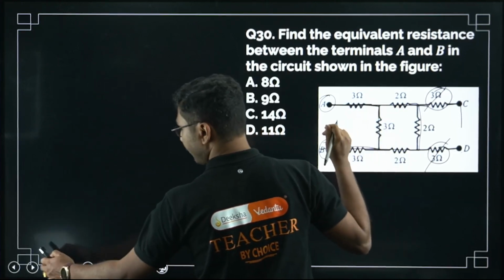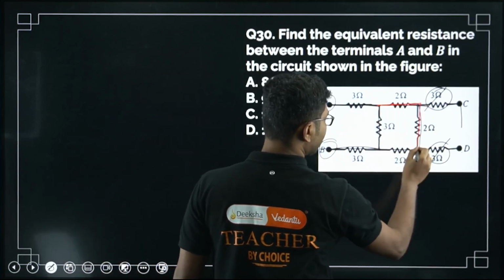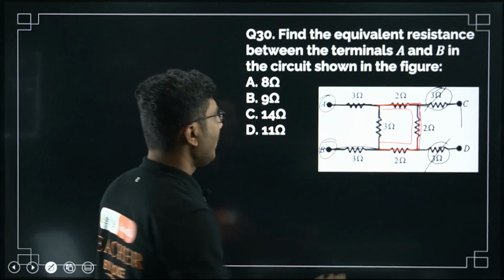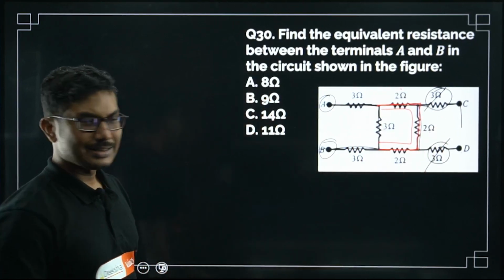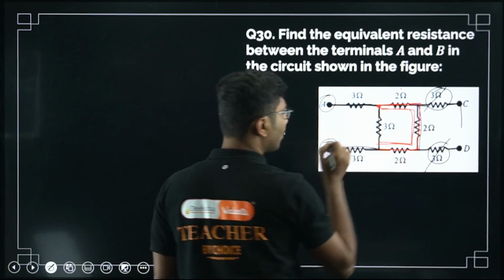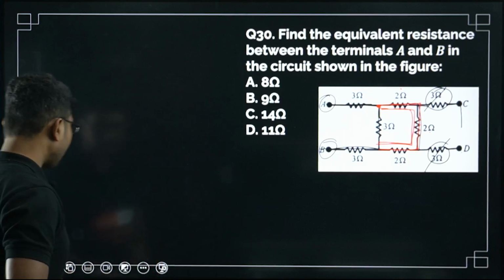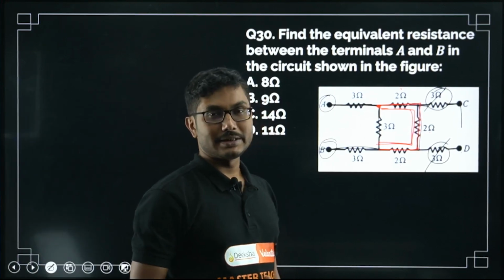First step is to calculate the equivalent resistance of these three resistors. These three resistors we will do first. So 2, 2, 2, they are all connected in series, right? I hope you are familiar with how to know whether they are connected in series or parallel, or else you have to solve a lot more problems to identify this is series, this is parallel.